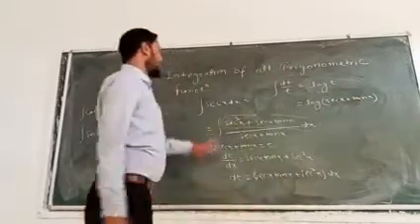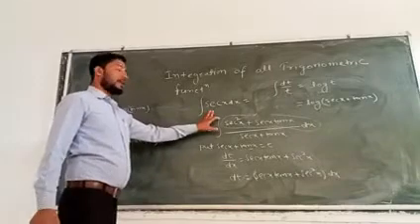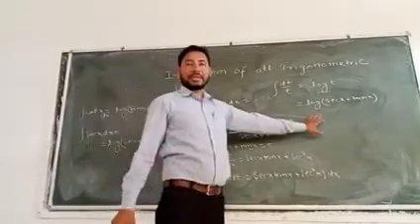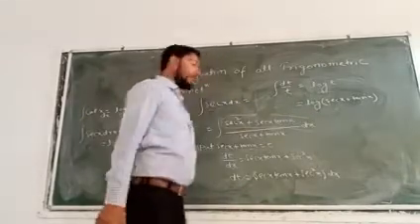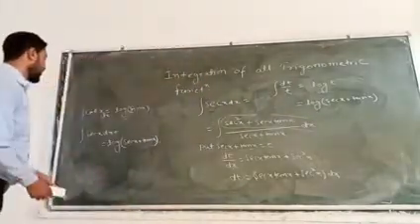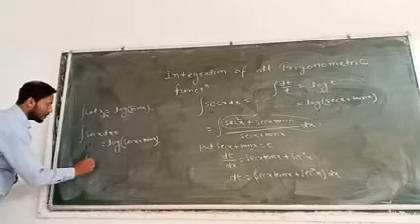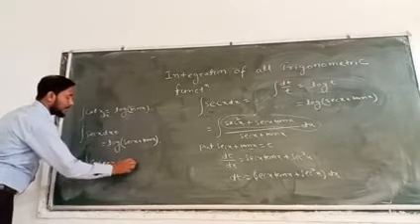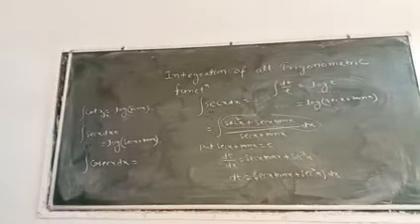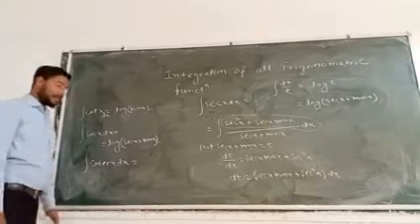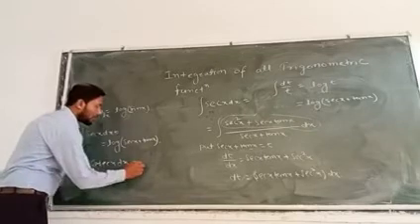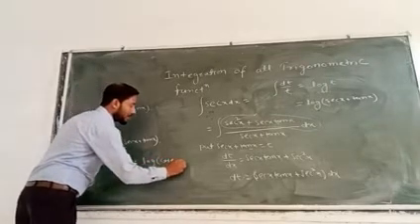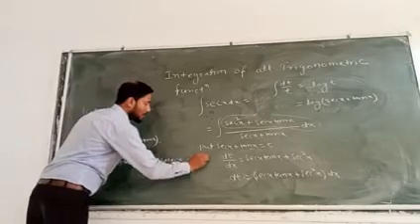It is clear that the integration of sec x dx becomes log of sec x plus tan x. Okay. At last, the integration of cosec x dx is equal to log of cosec x minus cot x.